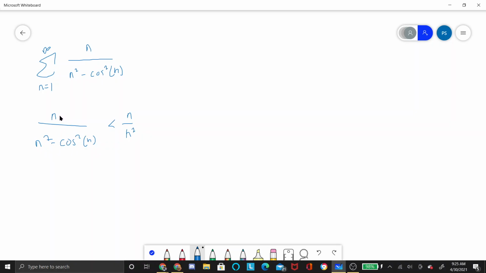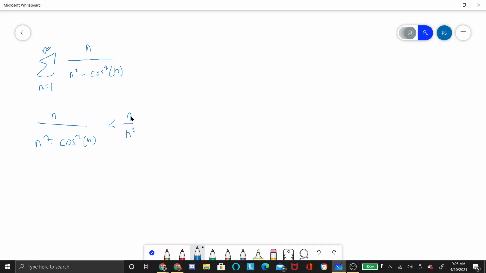The reason it's less than is because you're still subtracting from n squared. We'd still be subtracting 1 or adding 1 to all of this.